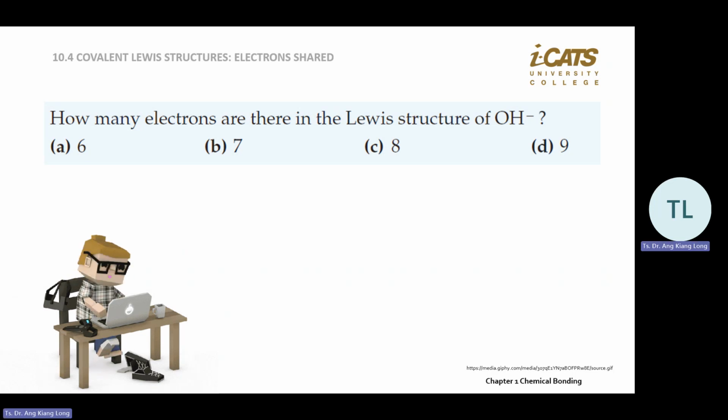By hand or by periodic table, you're able to work it out. How many valence electrons? We refer to the periodic table. How many electrons in the OH negative ion?